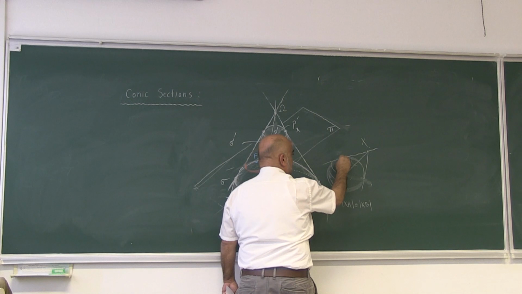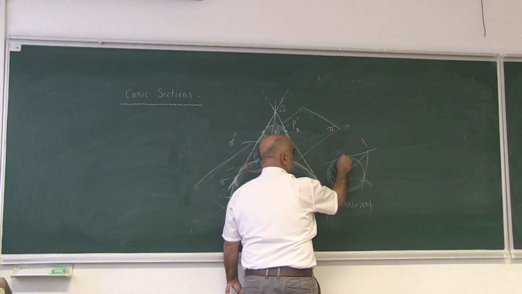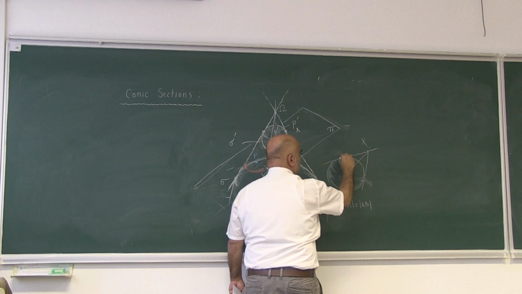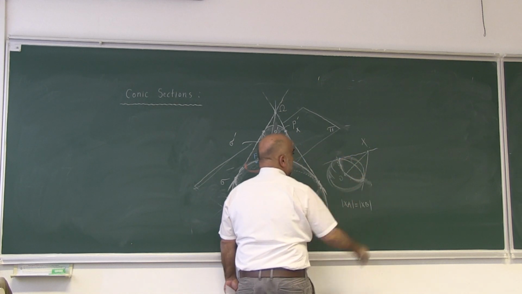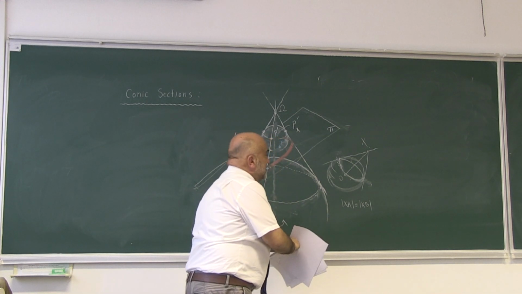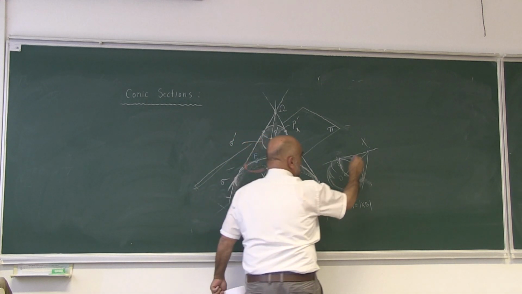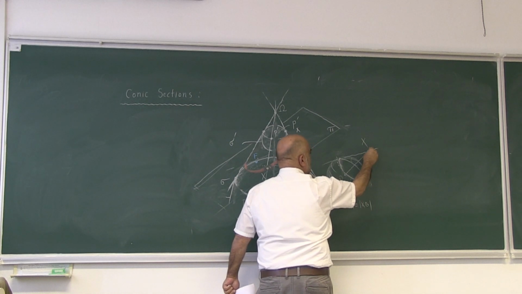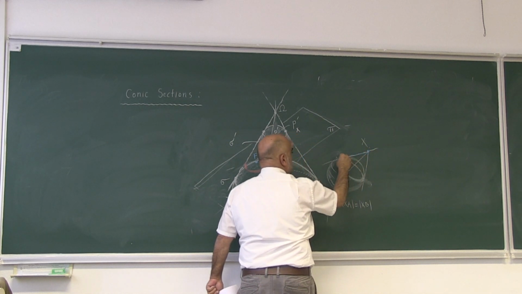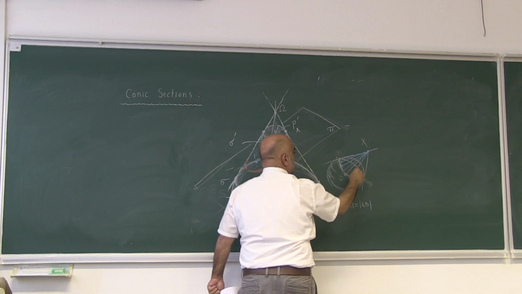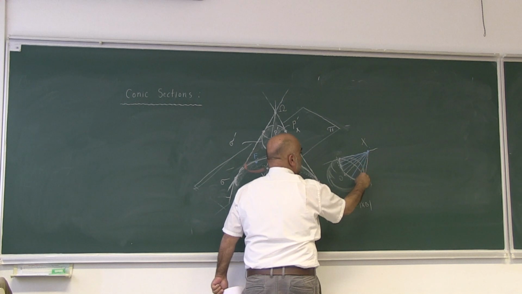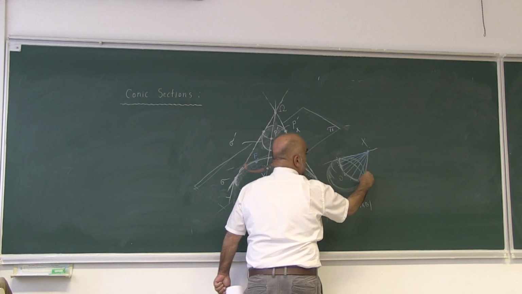And the points A and B will be part of a circle like this, and the straight line segments joining the point X to not only A, but to any point on the sphere, they will all have the same length. They will all be congruent. Okay?